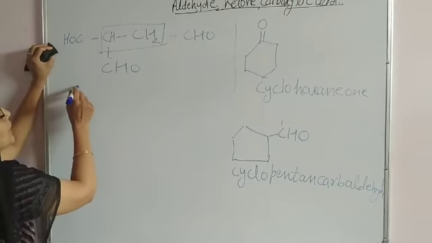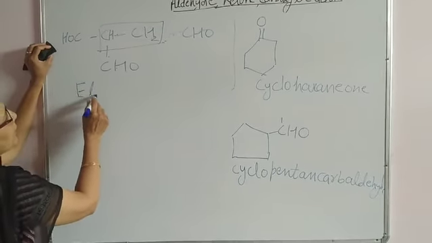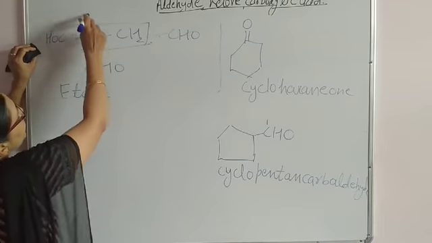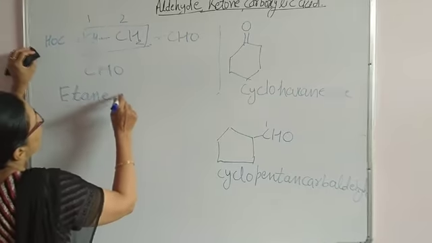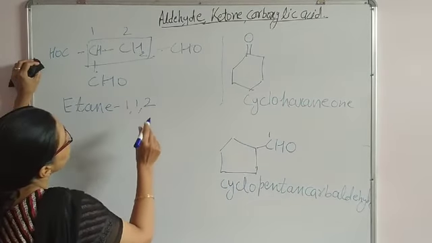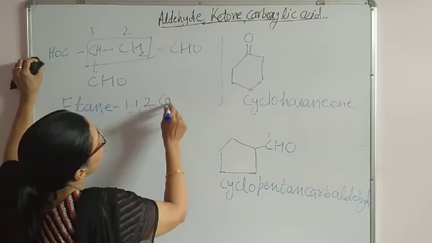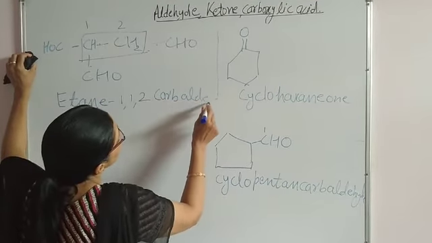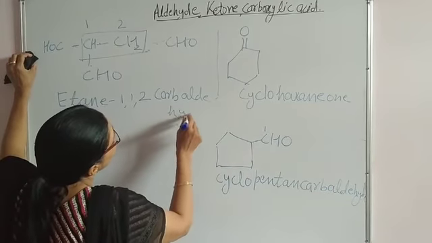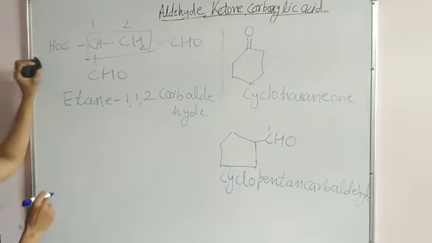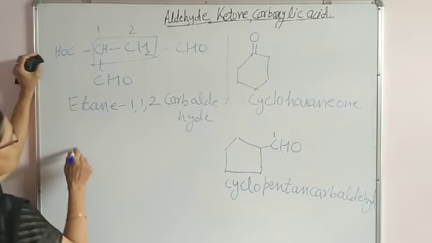You can say that ethane 1, 2 carbaldehyde. The same type of naming we have done for carboxylic acid also.